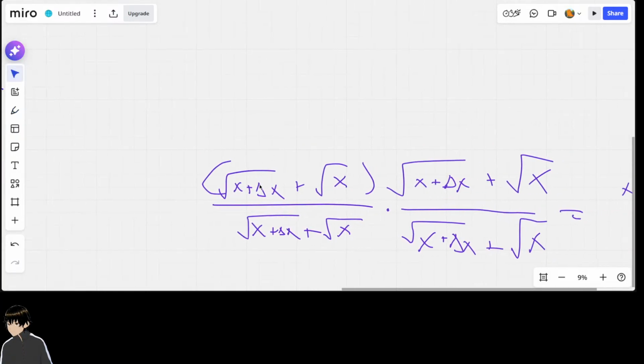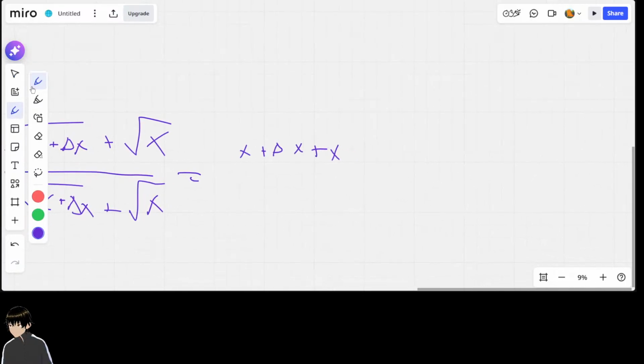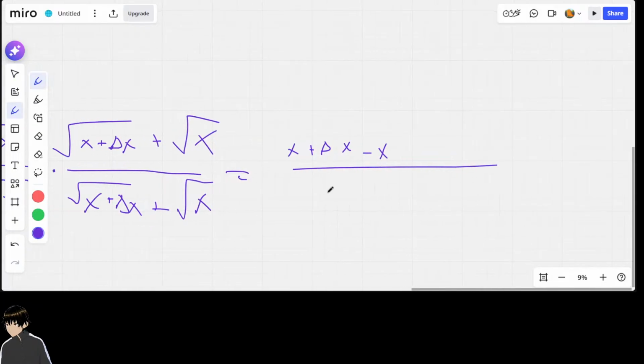Wait, since this is a negative, this is actually a negative right here. So if you multiply, there's going to be a negative here as well. So I get a negative x, and then over the x here.